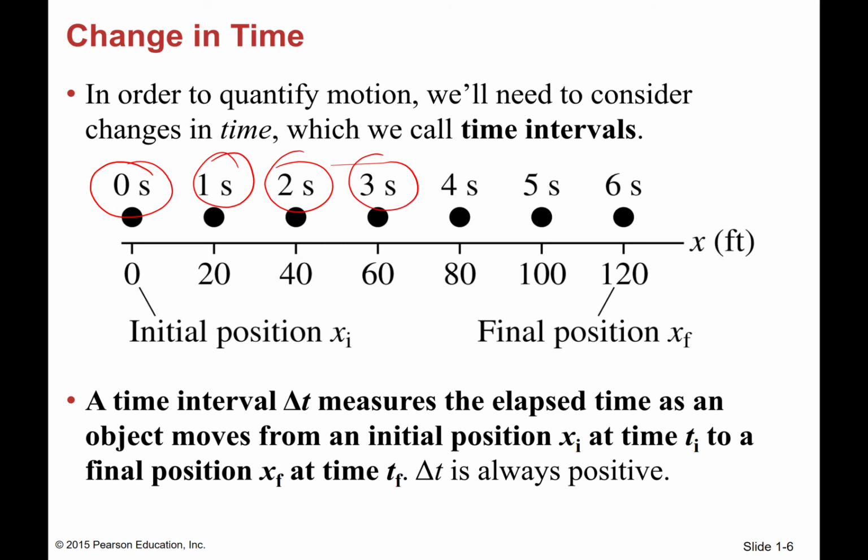And then if this is your initial position and this here is your final position, then we can talk about the change in time for this whole motion, and we are going to refer to that as delta t, and that is equal to the final time minus the initial time. Similar definition. What is the final time? The final time is 6 seconds in this case. The initial time is 0 seconds, and that gives you 6 seconds, which is your change in time.